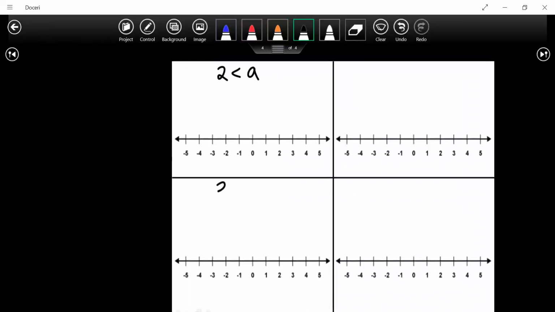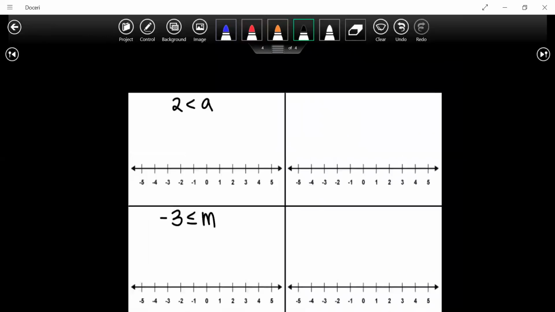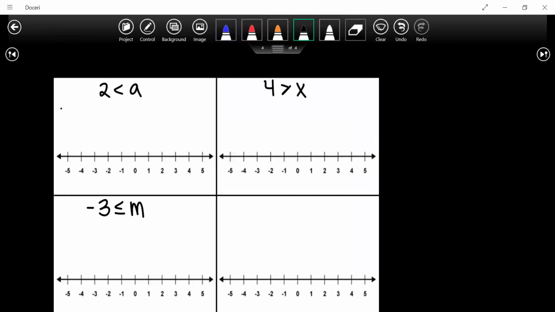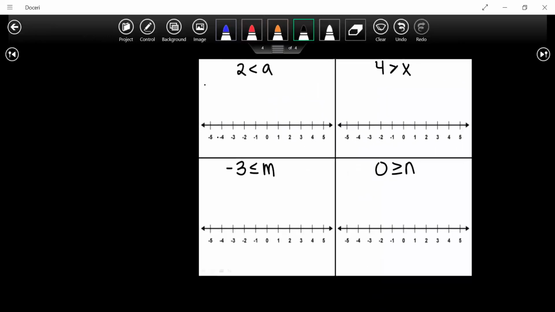We'll say -3 is less than or equal to M. We'll do 4 is greater than X. And we'll do 0 is greater than or equal to N. Those are the 4 types of examples.